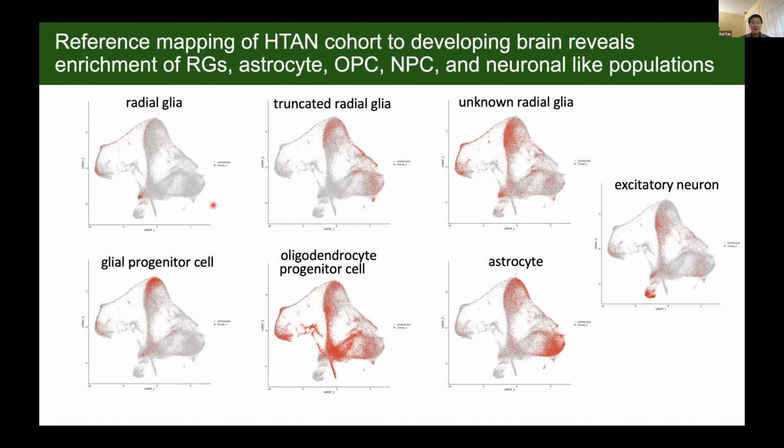As you can see here, our cohort cells project to different developmental stages, including radial glia, different types of radial glia, glia progenitor cells, astrocyte, and also more mature excitatory neuron cells.